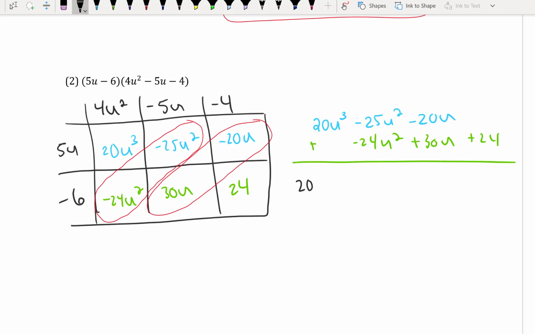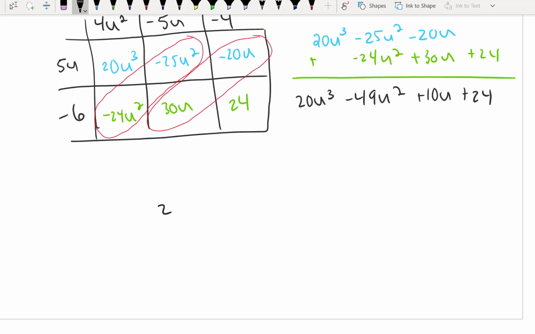So I'm going to get 20u to the 3, negative 25u squared minus 24u squared. So it's going to give me a negative 49u squared. Negative 20u plus 30u is equal to a positive 10u plus 24. So that's exactly going to be my final answer. 20u to the 3 minus 49u squared plus 10u plus 24.